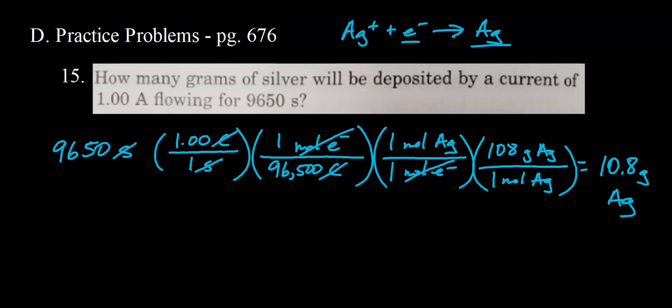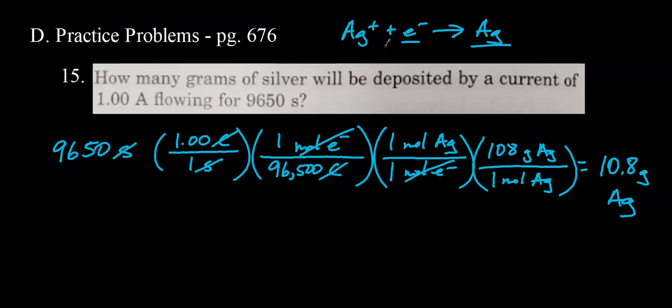Interestingly, I've described here an electrolytic cell. What an electrolytic cell and galvanic cell have in common is that the process that occurs at the electrodes is the same. So we're talking about the reduction process, reduction of silver ions to silver metal.